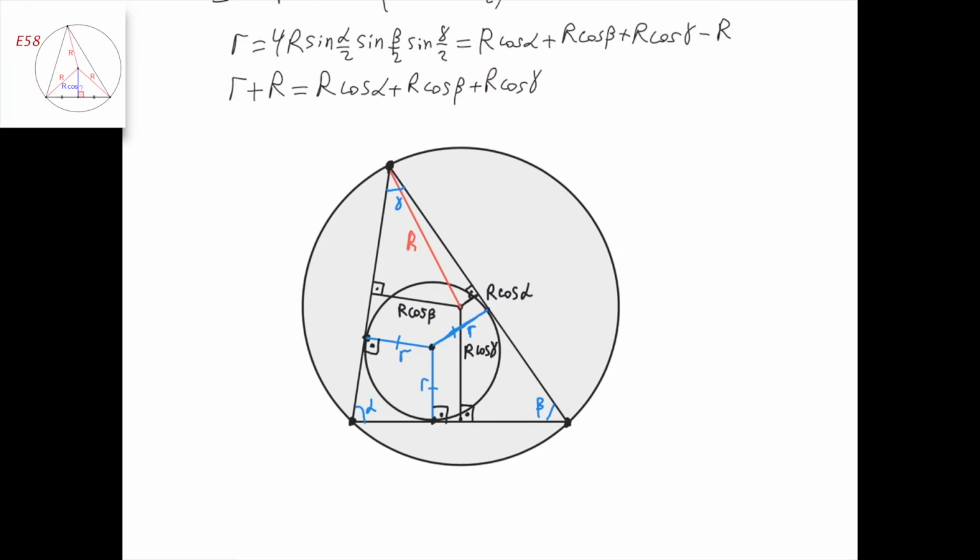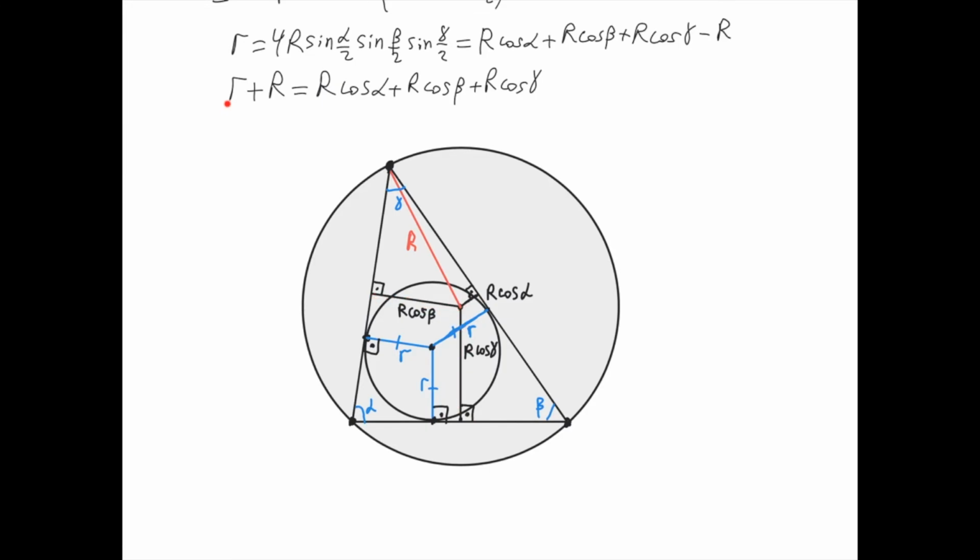But we know that if we drop perpendiculars from the circumcenter of the triangle to each of the three sides, then their respective lengths are R cosine alpha, R cosine beta, and R cosine gamma. And therefore, the geometric fact that we got is that the sum of the inradius and the circumradius of the triangle equals the sum of the perpendiculars dropped from the circumcenter to the three sides of the triangle.